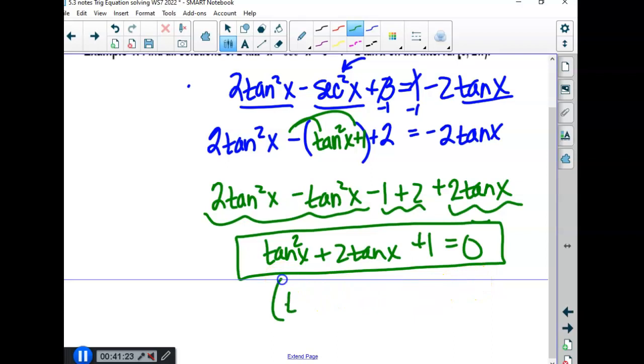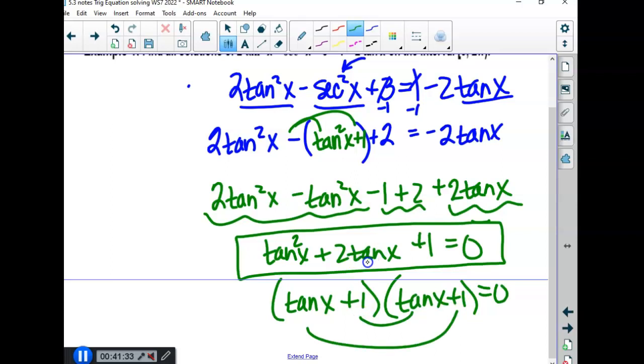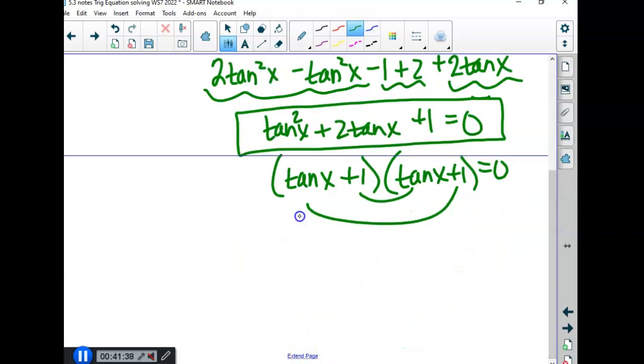Okay, that factors: tangent of x plus 1, tangent of x plus 1, because in the middle you'd get 2 tangent of x. So if we set that equal to 0, we'd have the tangent of x could be negative 1.